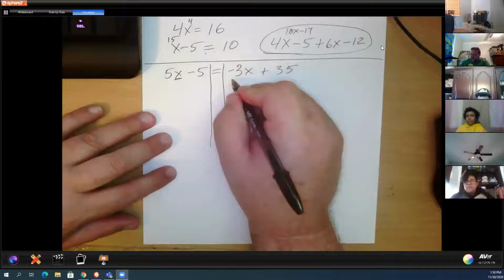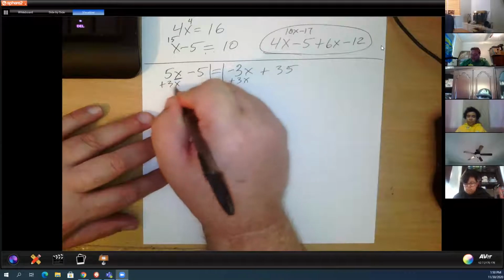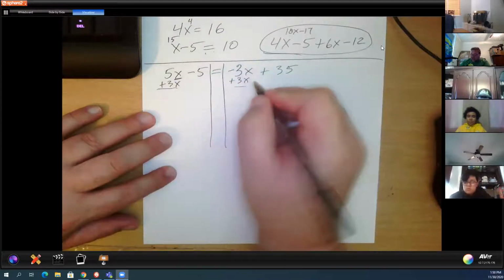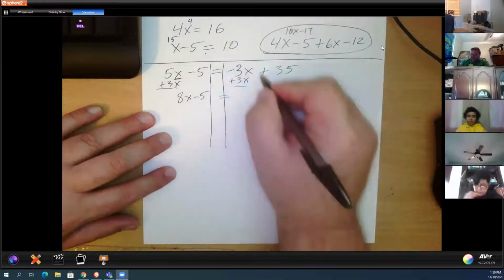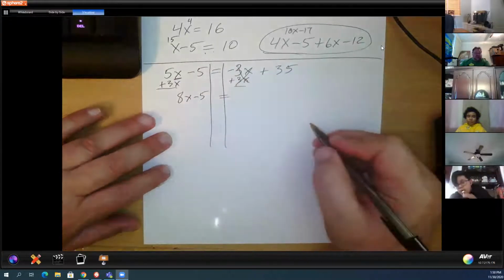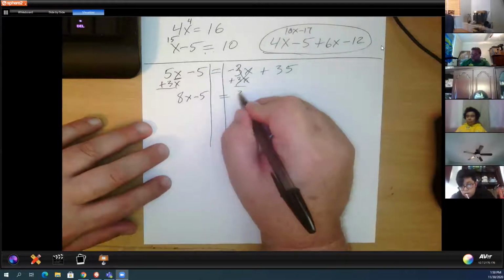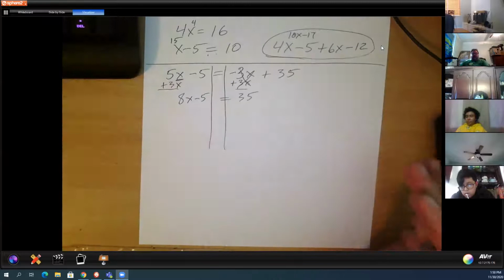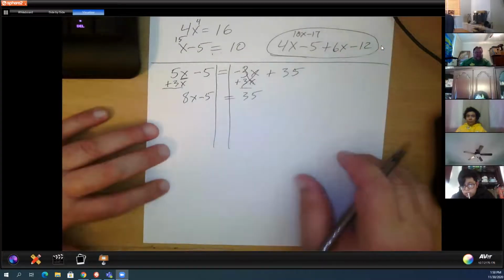So first, I'm going to get rid of this 3x over here by adding. And when I add, I get 8x minus 5 equals, and these two cross out because 3x minus 3x is going to give me 0. Now, again, I'm going to look at this and say, what's out of place here?